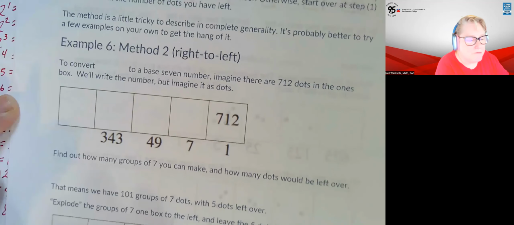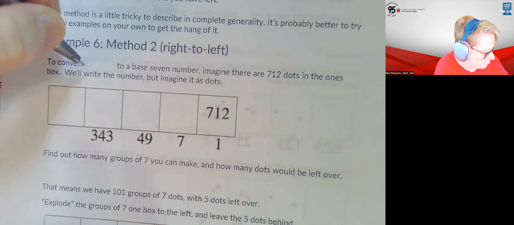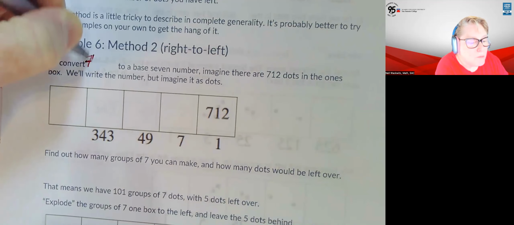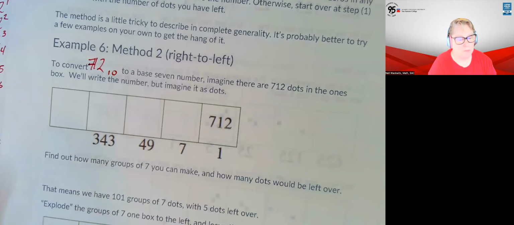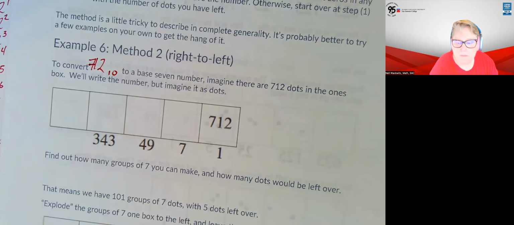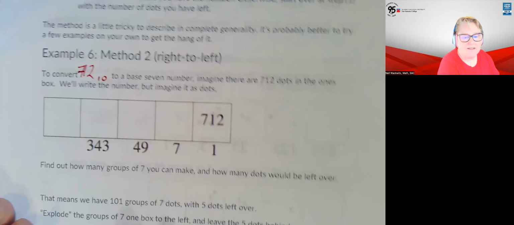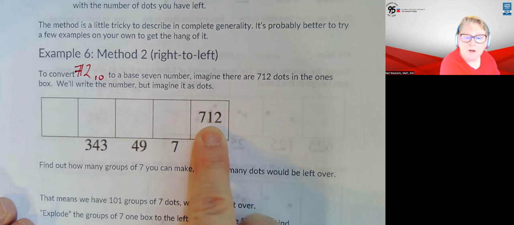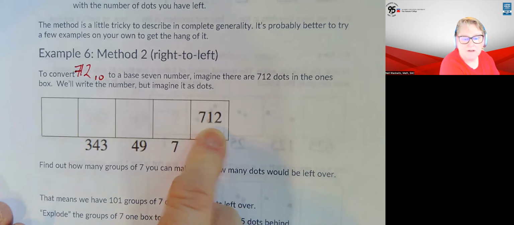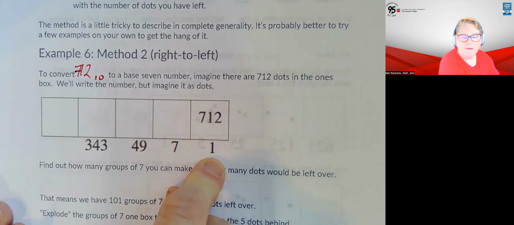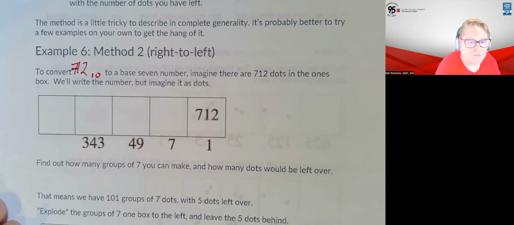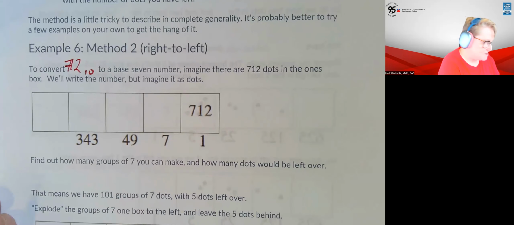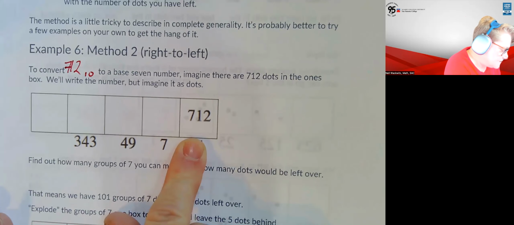So we are converting 712 base 10 to base 7. And they're saying that that's equivalent to putting 712 dots in the ones place and scooping them out going to the left. So let's see, how can we do that?